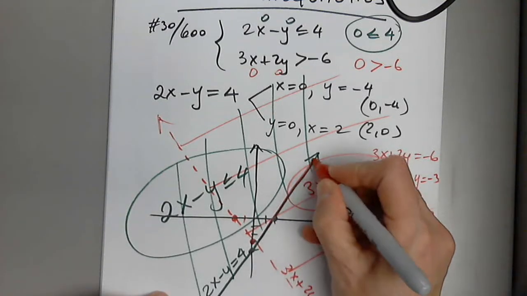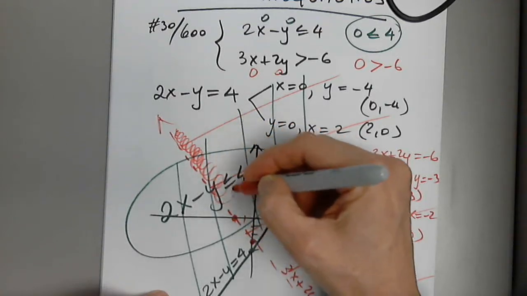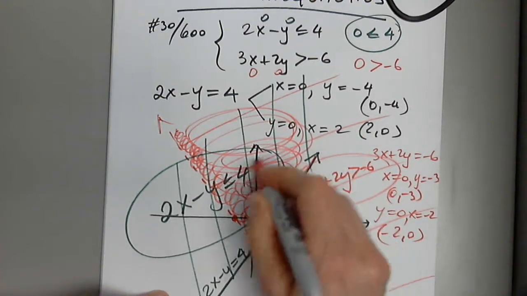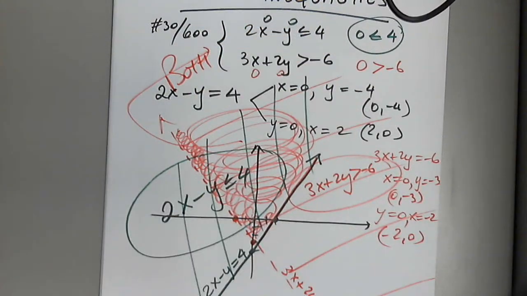Points on this line, not points on this line, but very, very close, and everything in between. All this is both. So if I want ordered pairs that verify the entire system, I will have to pick them either on this line or anywhere in between, but not points on this line.